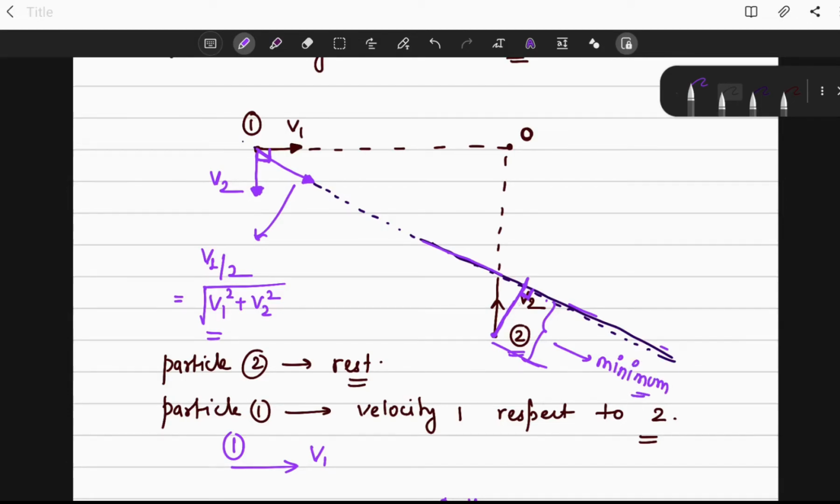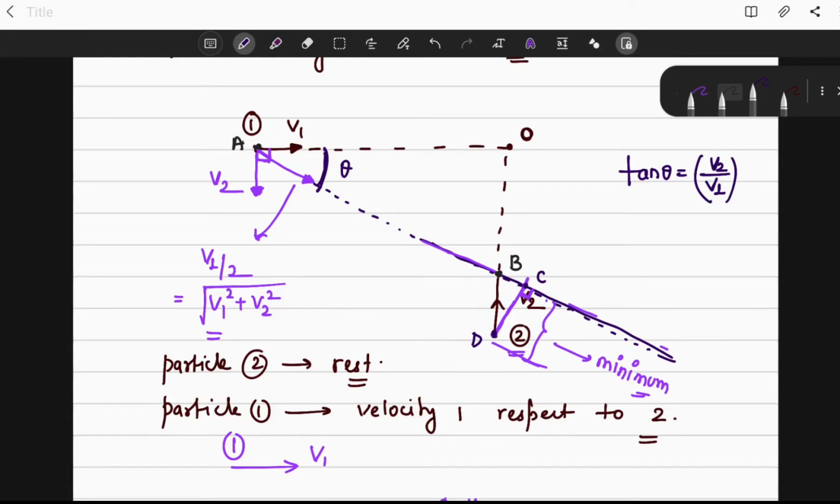Now let us find this particular distance. For example, let us say this is point A, this is point B, this is point C, and this is point D, and let us assume that this particular angle is theta. From the vector diagram we can find that tan theta is equal to V2 divided by V1.